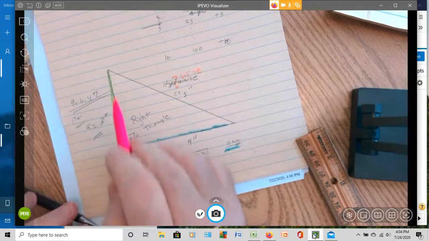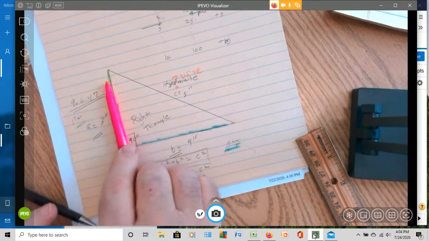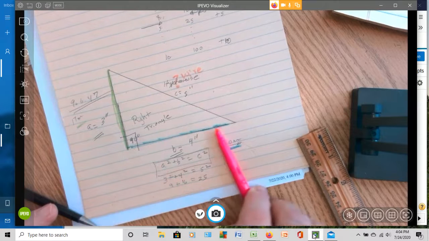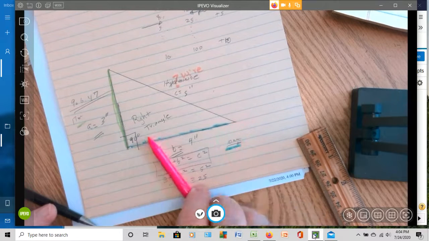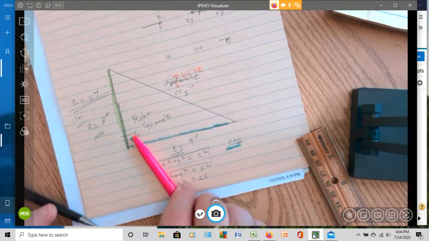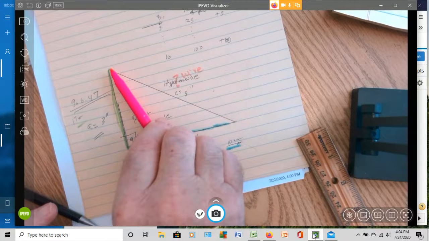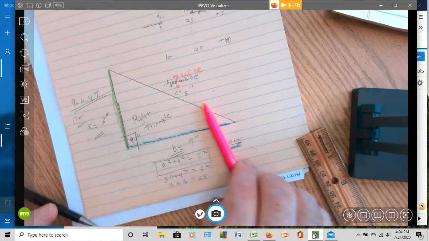So in other words, this is the pole, 17 meters high. They have a guy wire that is on the ground 10 meters out from the base of the pole. And they're assuming that the pole is straight up and down, so it forms a right angle. So the question is, how long a piece of wire do they need to run from here to here?